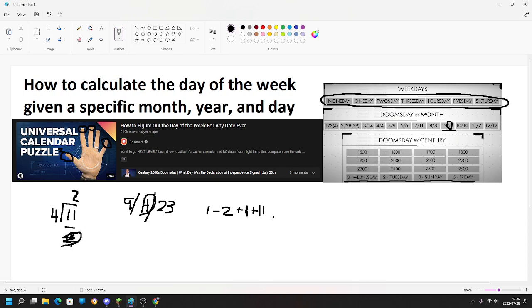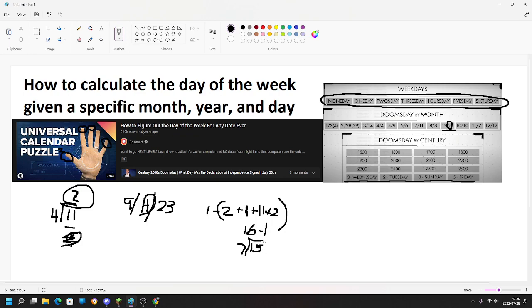We don't care about that. We care about this, the 2. So plus 2. So if you add all these up, so I usually add these up. So 2, 3, 4, 2, 3, 14, 15, 16, minus 1, which is 15.